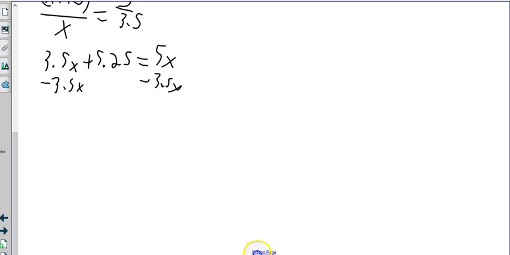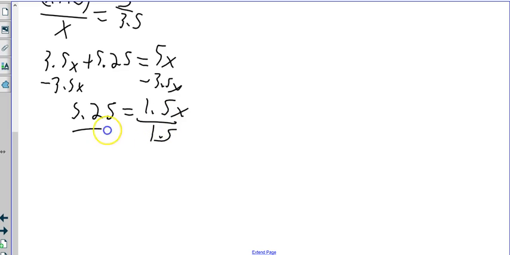And yes, it's going to give you decimal, but we kept decimals anyway. Over here, 5.25x equals 1.5x. And now you just divide by 1.5. So 5.25 divided by 1.5 is 3.5. And we're done.